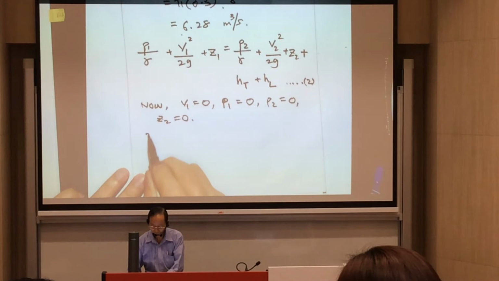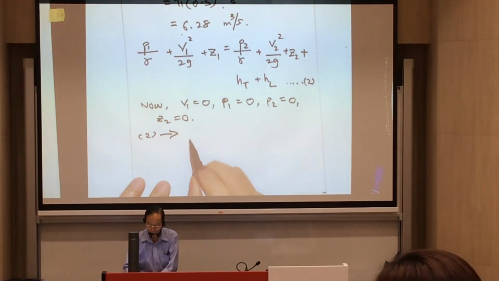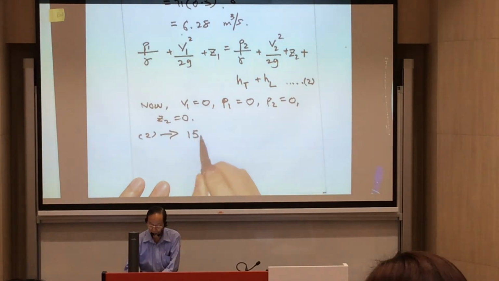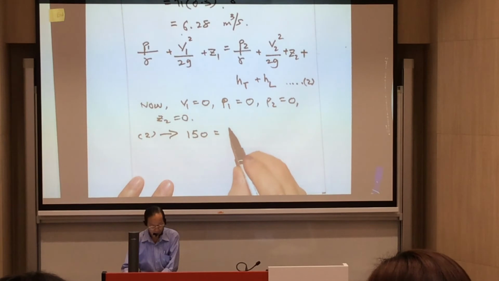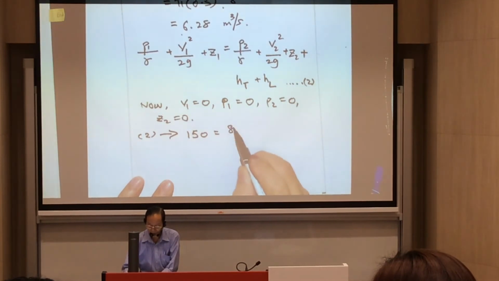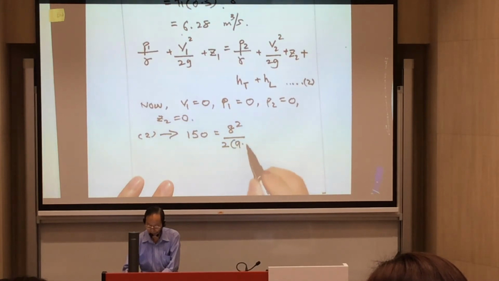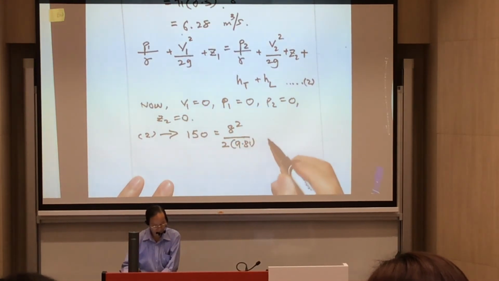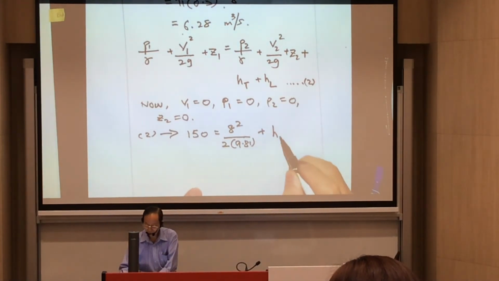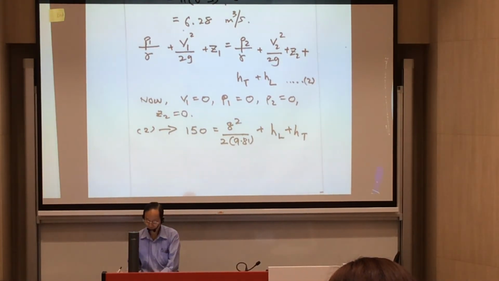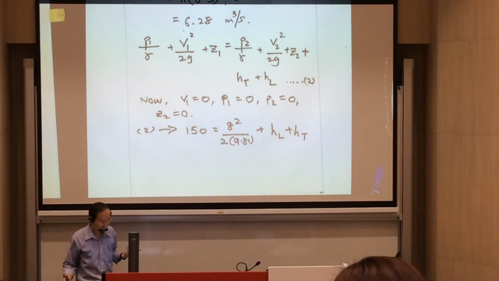Equation 2 now becomes 150, which is your Z1, equals V2 squared, 8 squared over 2g, g is 9.81, plus HL plus HT. So we still cannot find HT.